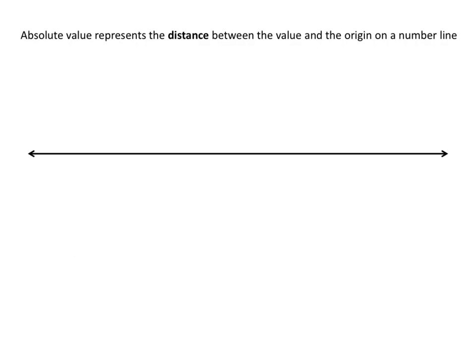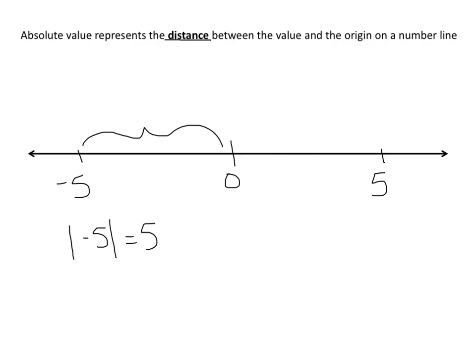What you need to understand about absolute value is that it actually represents a distance between some value and the origin, or 0, on a number line. So if I'm taking the absolute value of negative 5, the reason I say that that's equal to 5 is because there is a distance of 5 units between the value I'm looking at and 0.